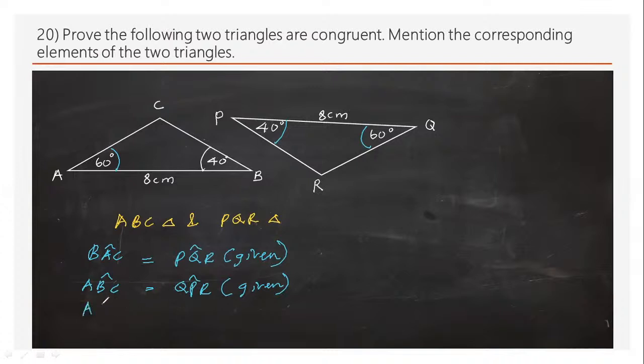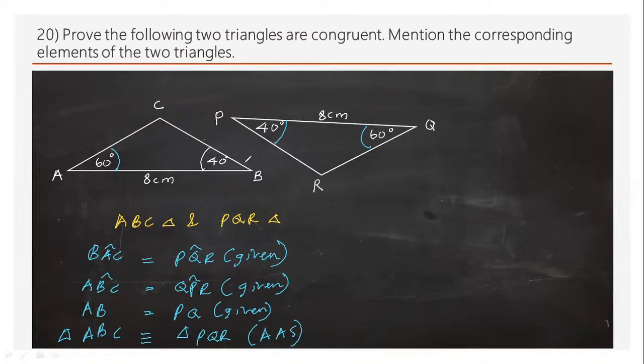Side AB equals PQ, given information. So triangle ABC is congruent to triangle PQR by angle side angle. What are the corresponding elements of these congruent triangles?